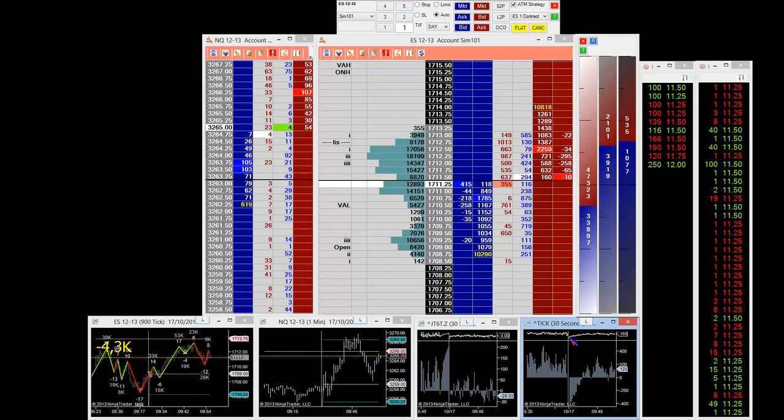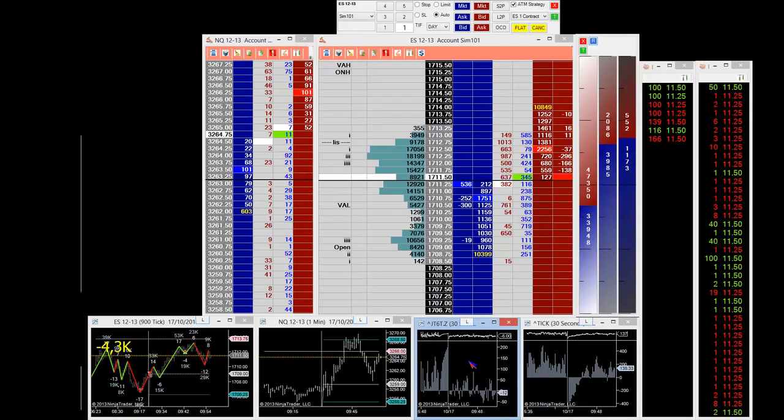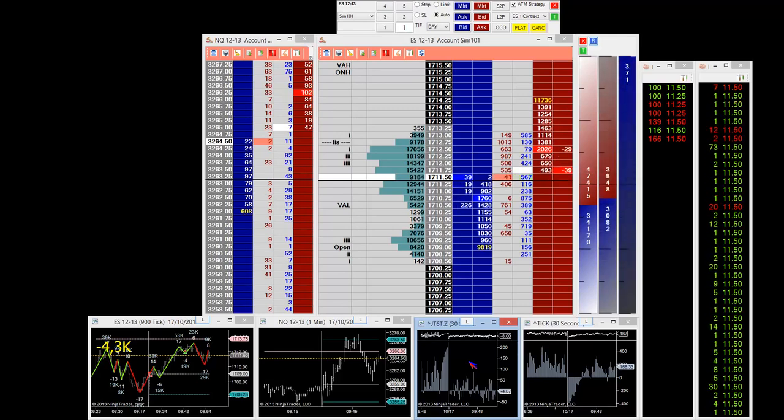Now, you would probably say, okay, if you're going to use the E-mini S&P 500 futures, why would you look at the New York Stock Exchange tick, and not the other tick we've got there, which is the S&P 500 tick? So with the New York Stock Exchange, you've got roughly 2,800 stocks that take part in that market. With the S&P, there's 500.